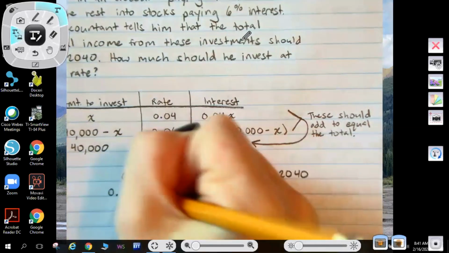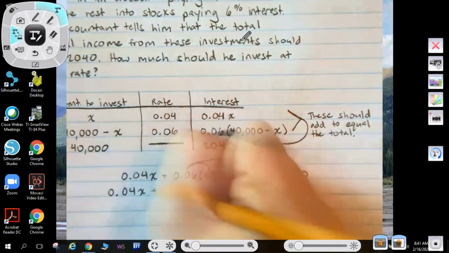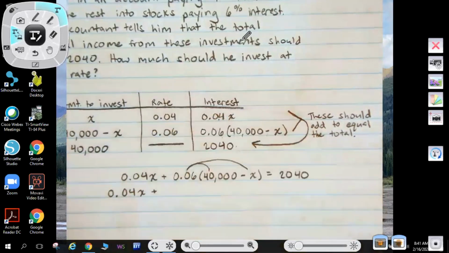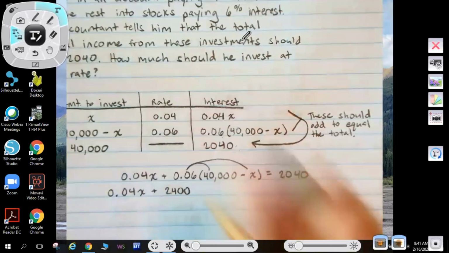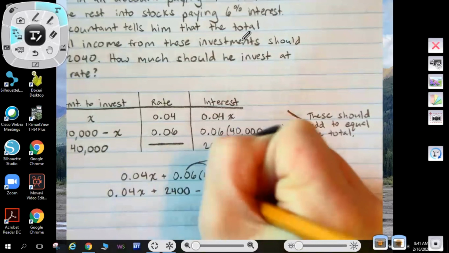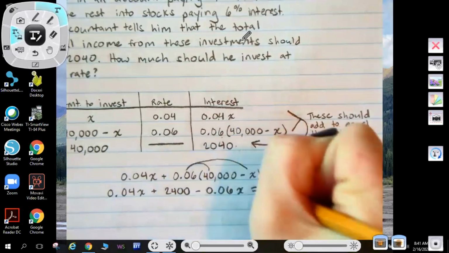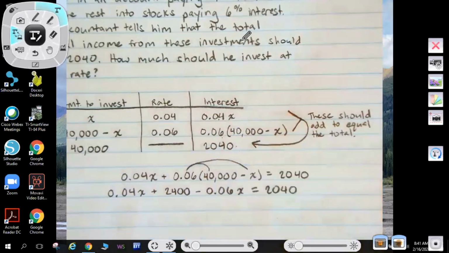So we have 0.04x plus, we use our calculator, 0.06 times 40,000 is 2,400 minus 0.06x equals 2040.